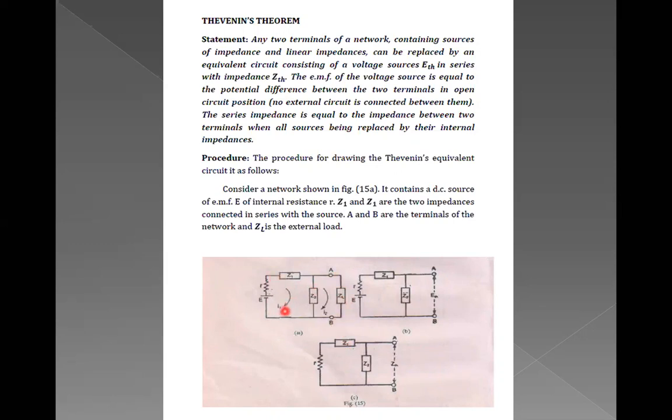This is the current I1 in mesh 1, and this is I2 in mesh 2, both in the clockwise direction. Figure A contains a DC source of EMF E with internal resistance R. Z1 and Z2 are two impedances connected in series with the source, A and B are the terminals of the network, and ZL is the external load.